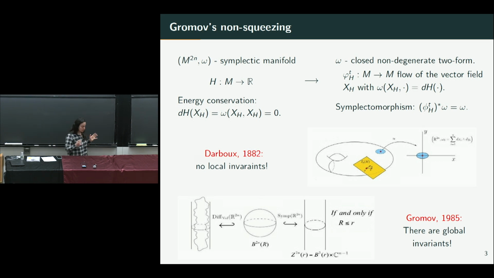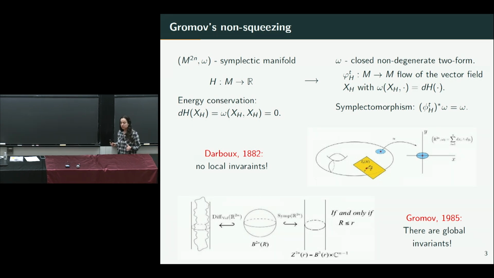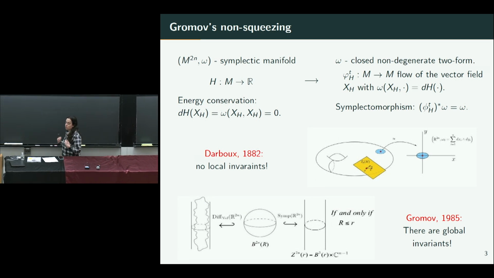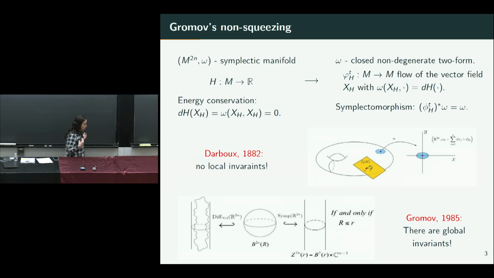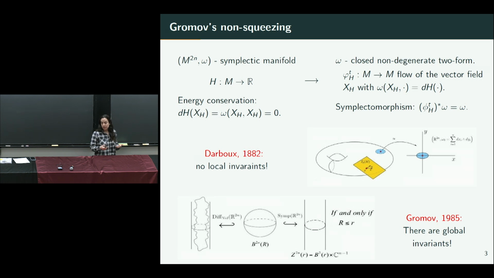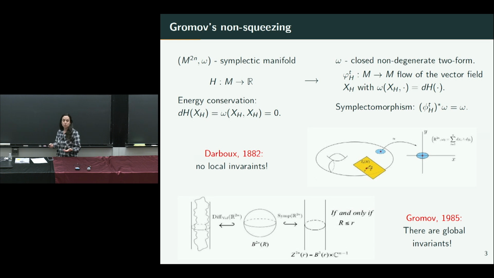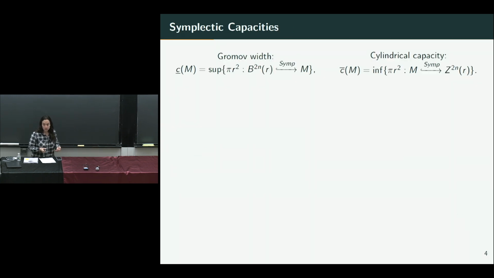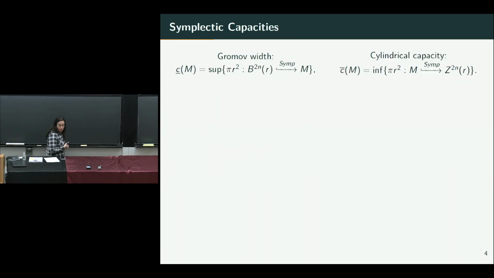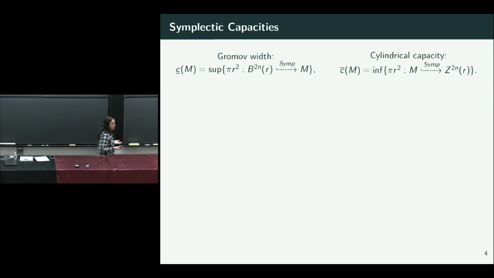So this means that symplectomorphisms are very different from volume-preserving maps, and we have some global invariant of a symplectic manifold, different from the topology or the volume, which is essentially the symplectic invariant we would like to study. How could one turn this story into a more quantitative thing?